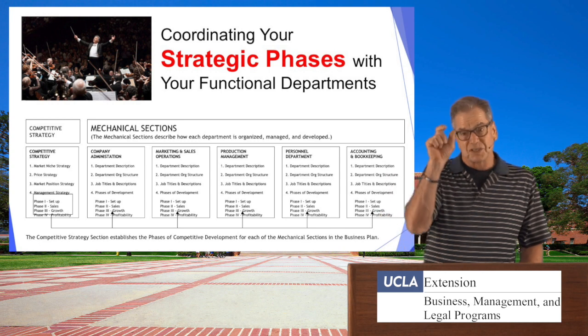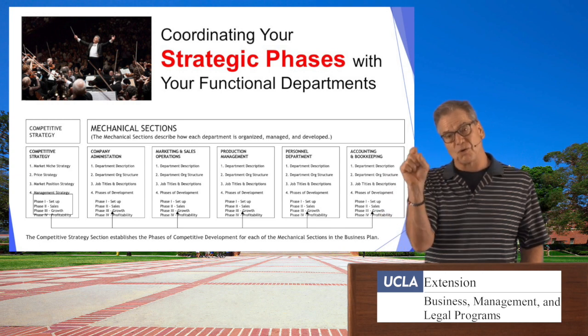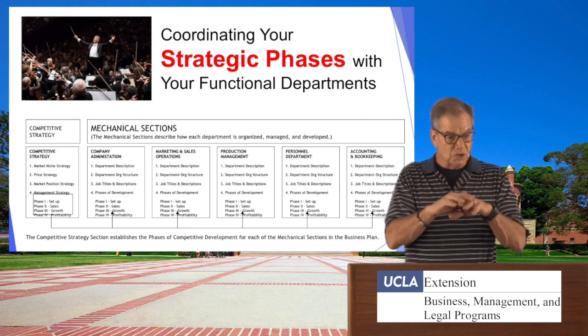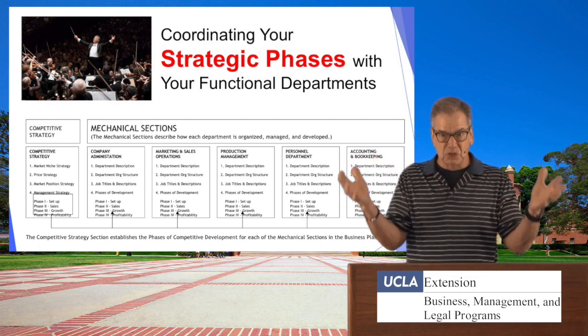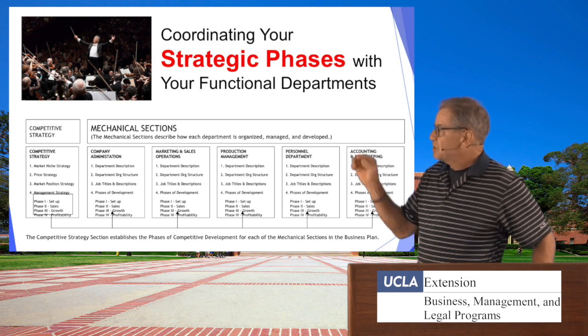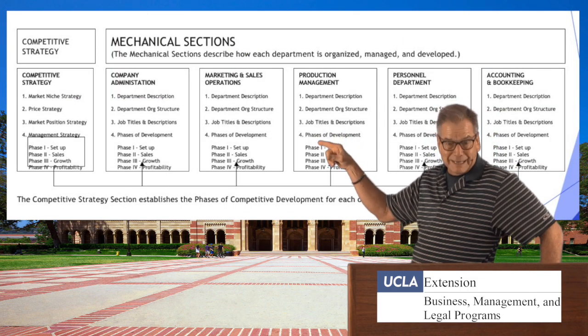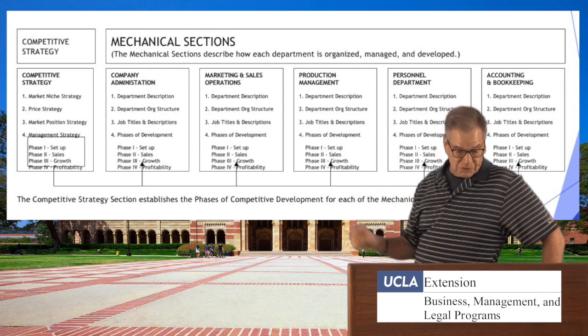And those phases, the titles, and then the paragraph that explains what each phase is going to do in terms of global company objectives, those phase titles are now going to be repeated verbatim in each of these mechanical sections.